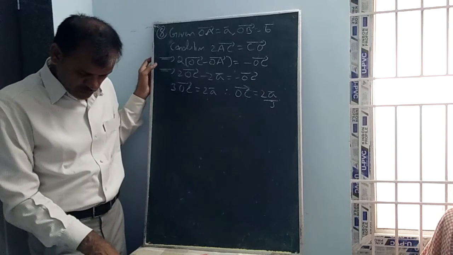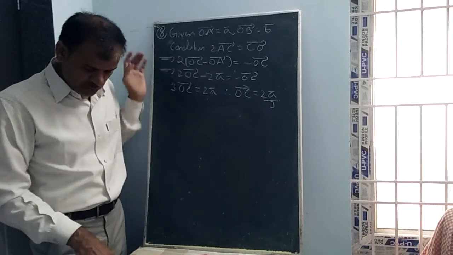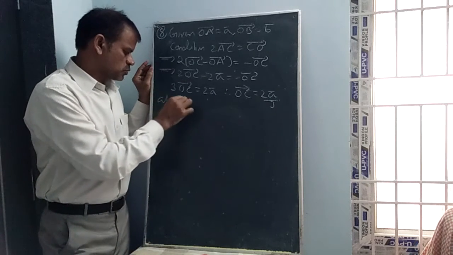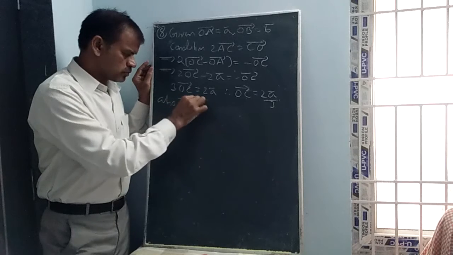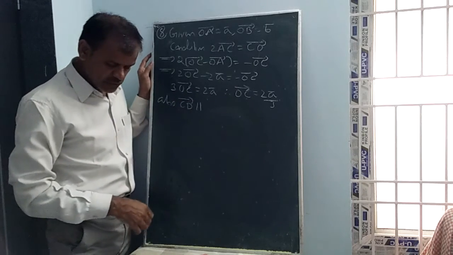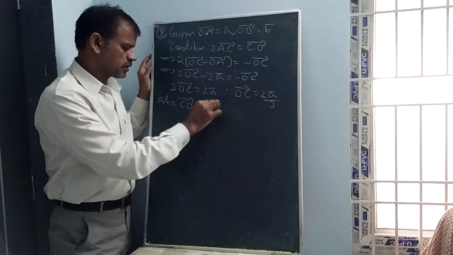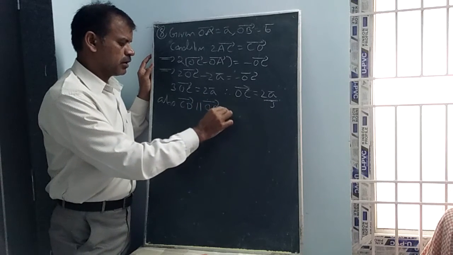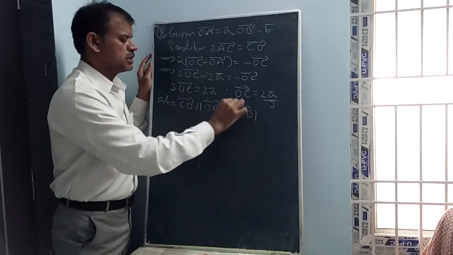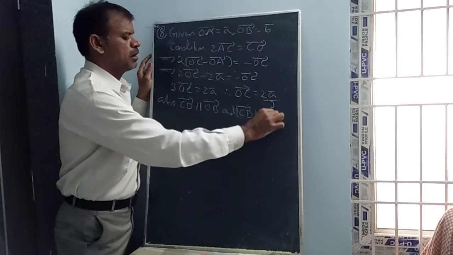Also, CD parallel to OB, and mod CD equal to 3 mod OB, the given condition.